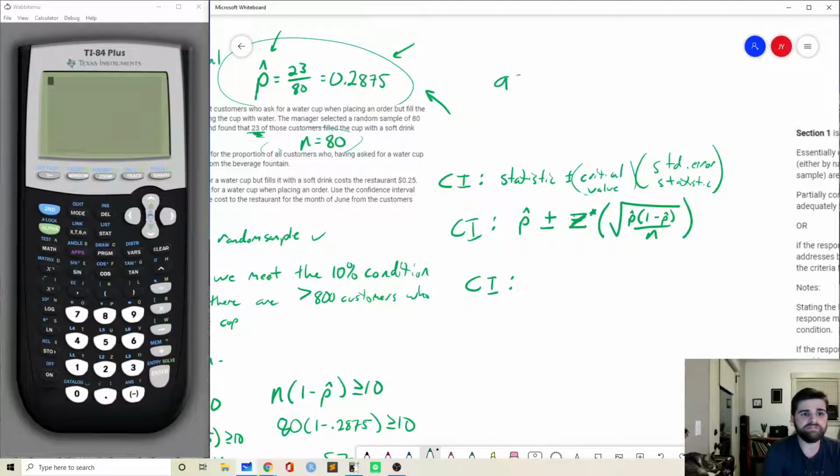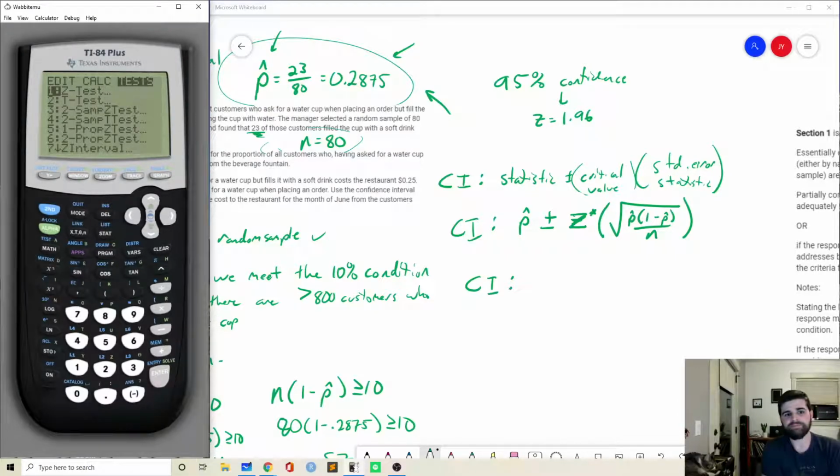For 95% confidence, z is going to be 1.96, and this is the most common confidence interval, so we might have that value memorized. If not, we can talk about how to do that in a different video.